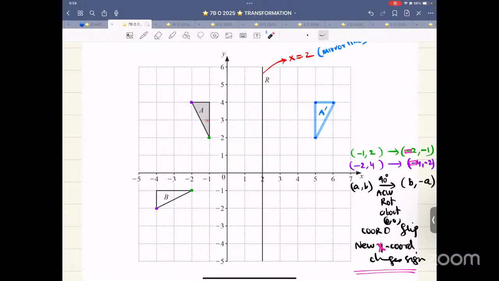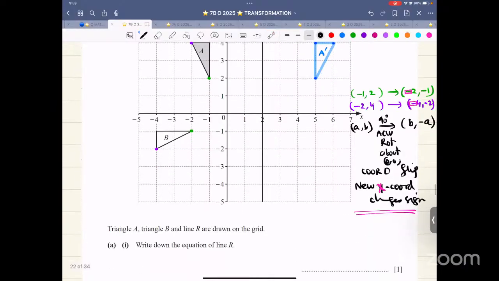So A onto B. Again, the base becomes the height, the height becomes the base. This is negative 1, 2, and this is negative 2, negative 1. So look over here, it's written over here: negative 1, 2 becomes negative 2, negative 1.